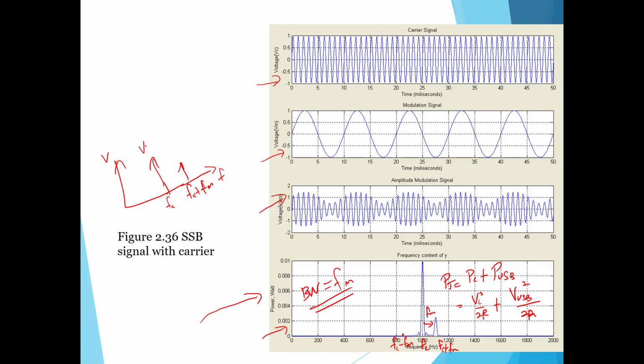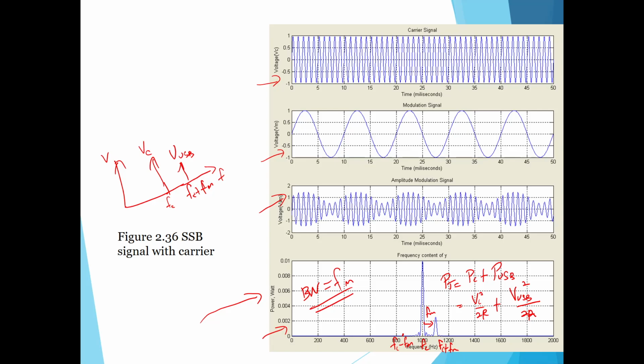This is VC, this is VUSB, which is not equal to Vm over 2. The value depends on the equation.